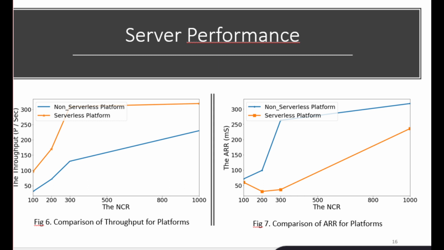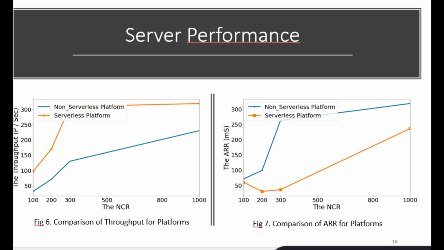And we gradually increased the number of concurrent requests, and it is for modeling the number of concurrent users. Therefore, Figure 6 shows how much throughput the two platforms are able to respond to these users as the number of users using the system increases. As can be seen from the figure, the serverless platform has much higher throughput.